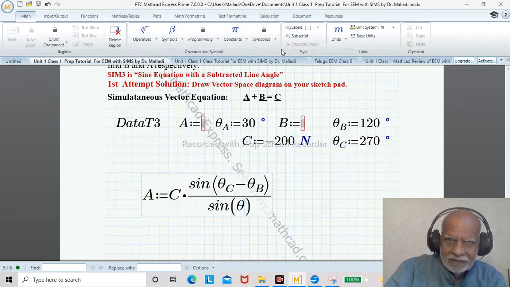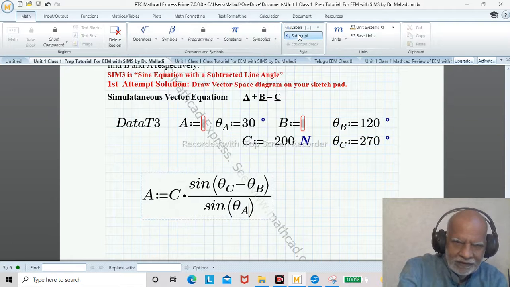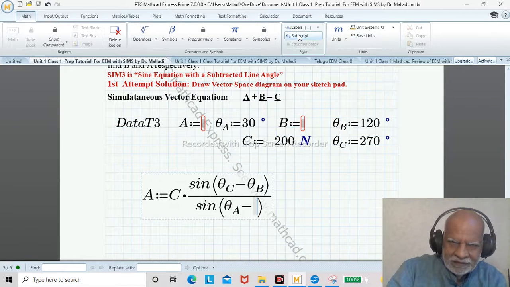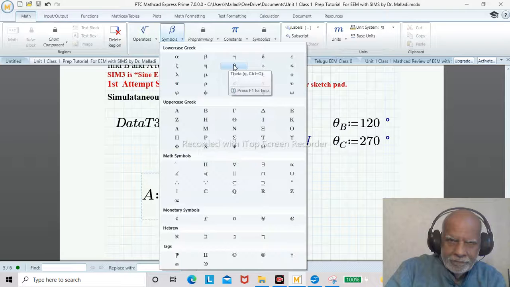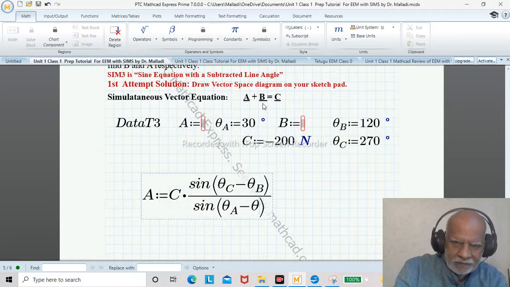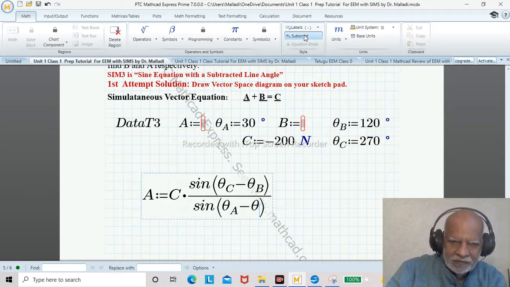Okay, so therefore subscript A and minus same angle theta. Okay, so B, so I did it wrong, so I will put a subtract B.